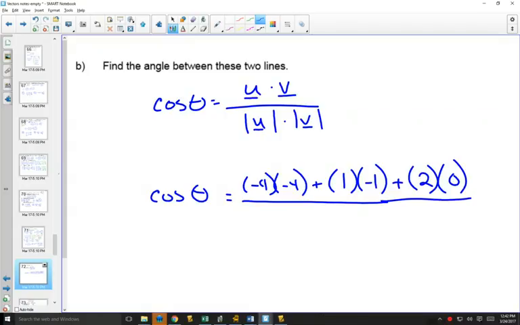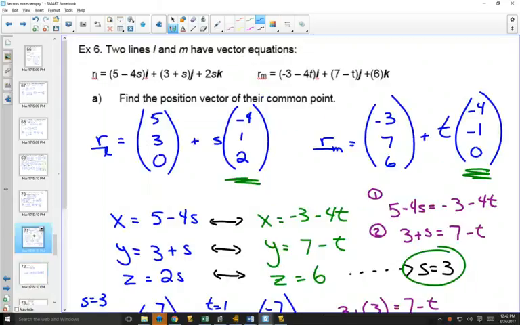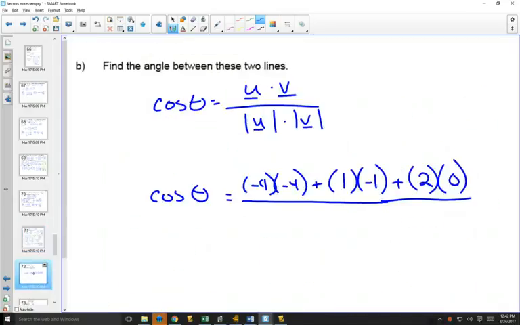Then we need to find the length of u and the length of v. So with negative 4, 1, 2, that'll be 16 plus 1 plus 4. I don't need absolute values there anymore, because that's the length of one of them.